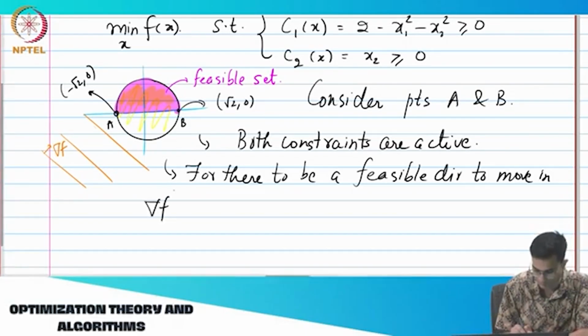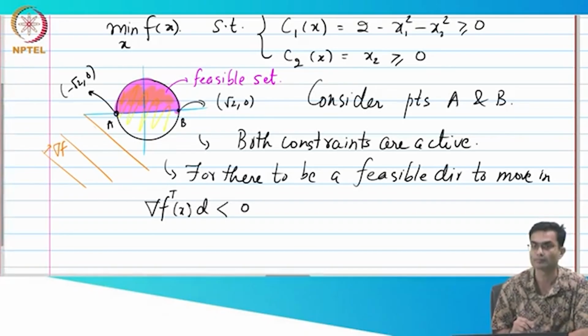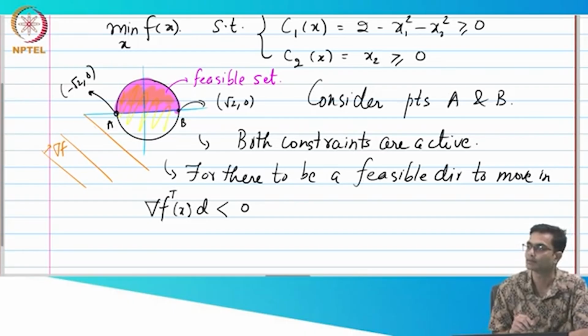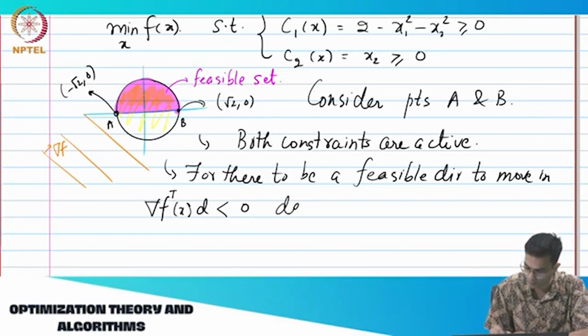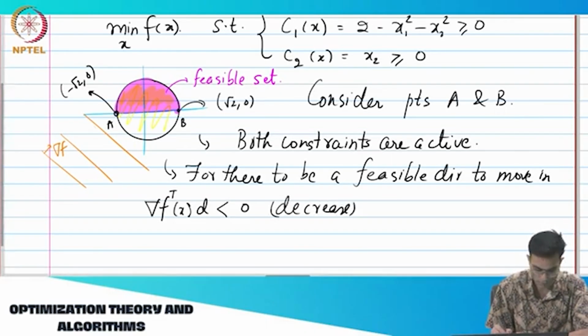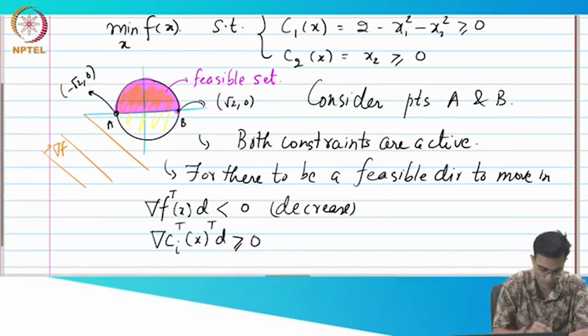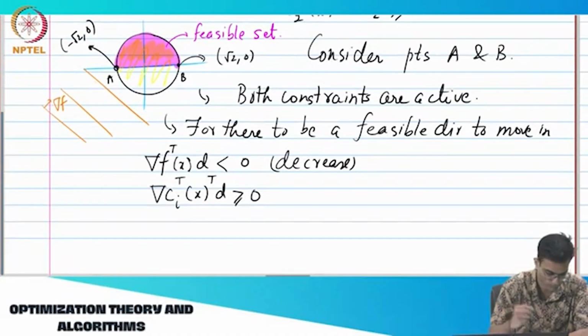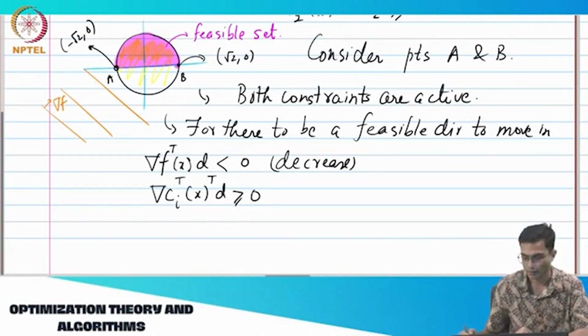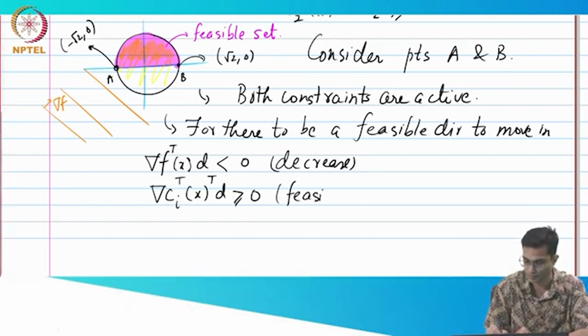So I had grad f transpose d less than 0. This gives me decrease. And feasibility is going to be given by this. This is going to be feasibility.